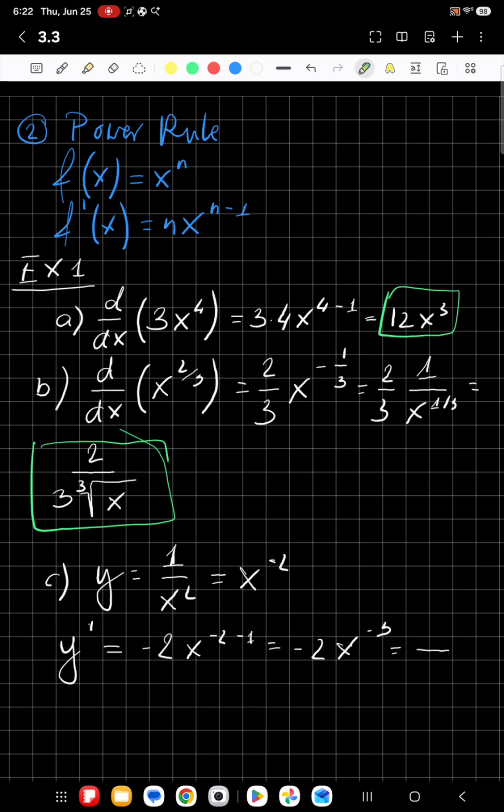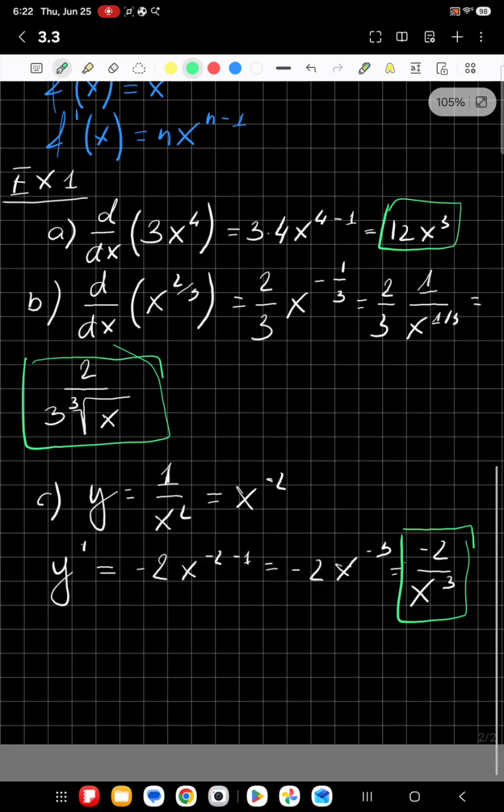So now that negative 2 stays on the top, and then x to the third. So it's no longer negative third, because that negative got used for making this x to the third move to the bottom. Okay, so we have that.